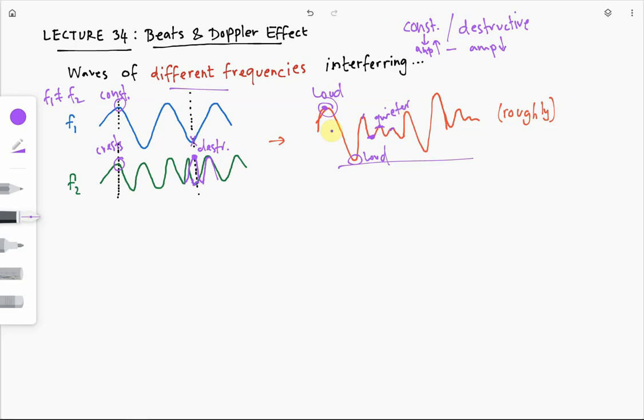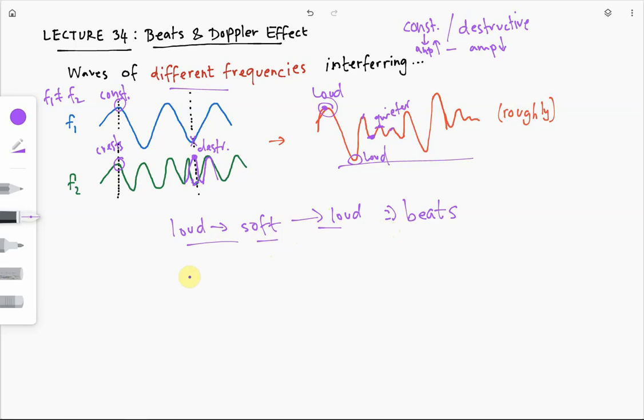This phenomenon where the sound you hear goes from loud to soft to loud again is basically what we mean when we talk about beats. This is what a beat is all about, the phenomenon of sounds going from loud to soft to loud.